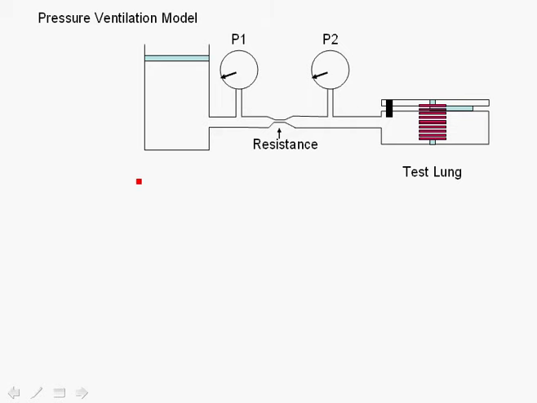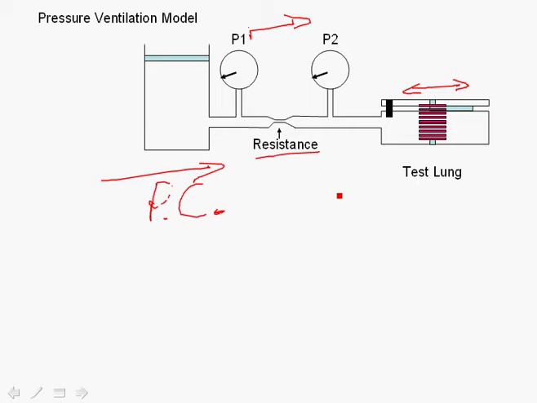This time though, instead of putting in a set volume of ventilation, we're going to actually use pressure control, where we establish a pressure gradient. We're still pushing air from the mouth into the test lung itself, which mimics the lungs of our patient. We can vary the compliance from high to low in our model.